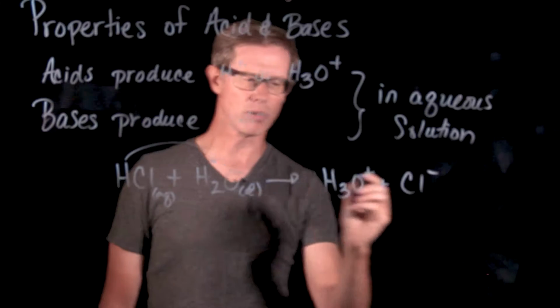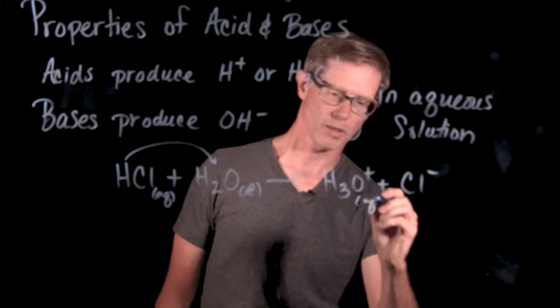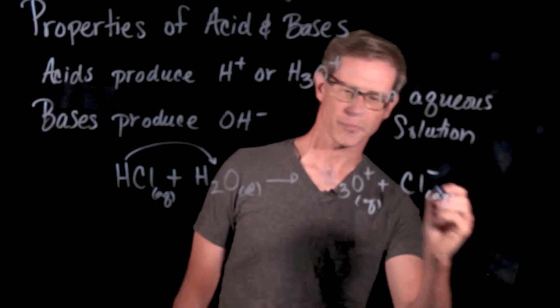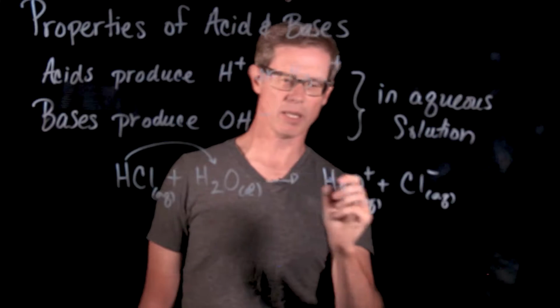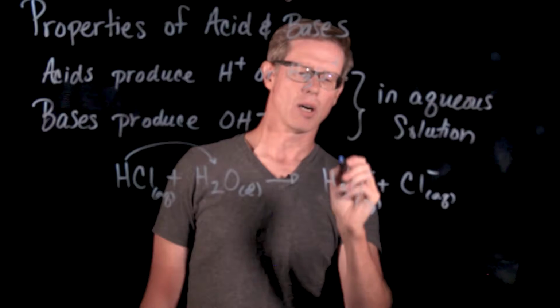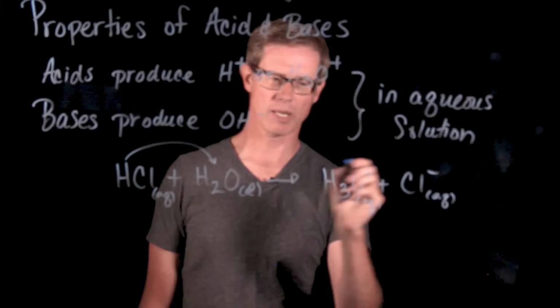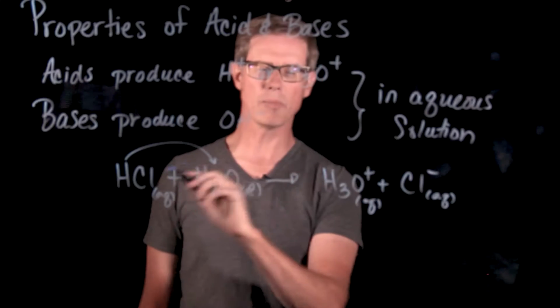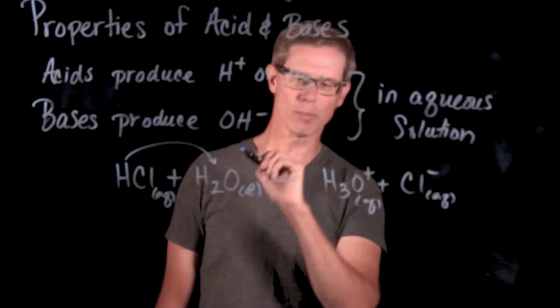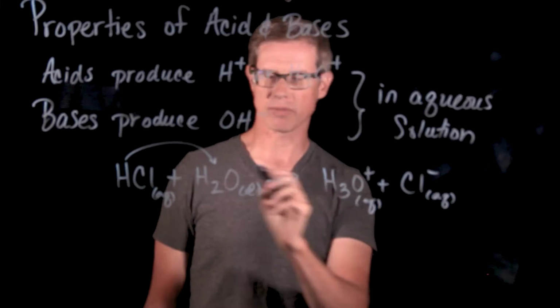Now if you'll notice, aqueous, aqueous, I have 3 hydrogens on the reactant side and 3 hydrogens on the product side. I have 1 oxygen on the reactant side, 1 oxygen on the product side. I have 1 chloride, 1 chloride. So I'm balanced for mass. But more importantly, I'm also balanced for charge.